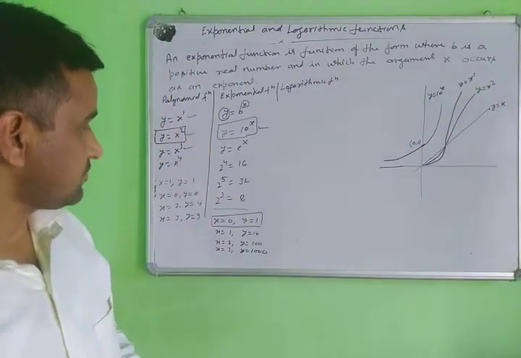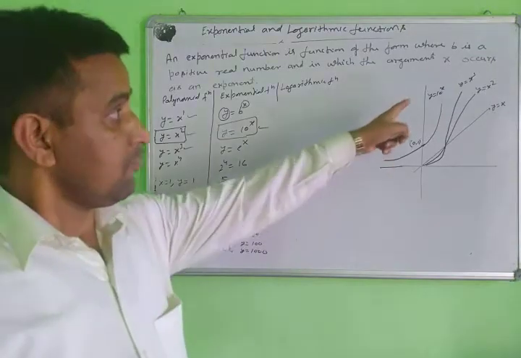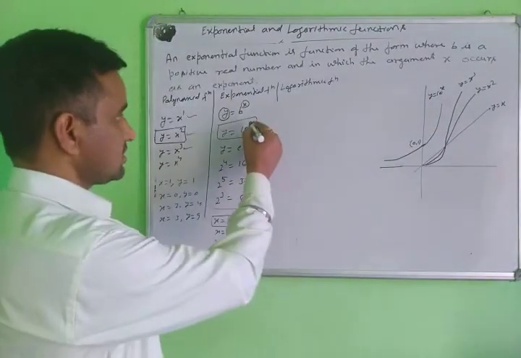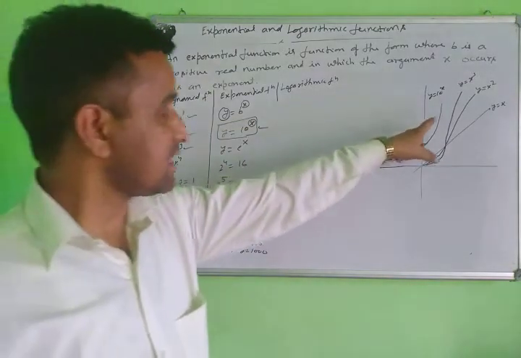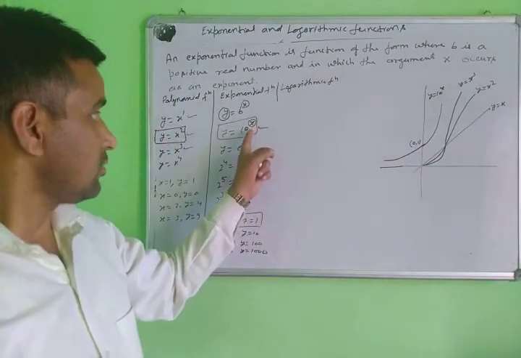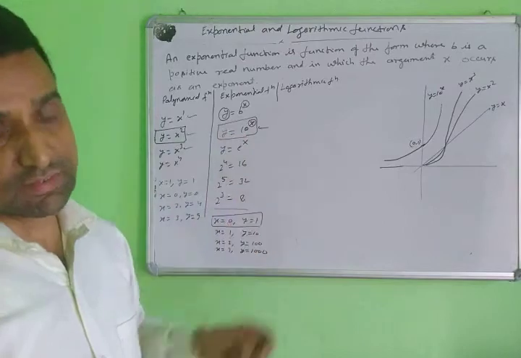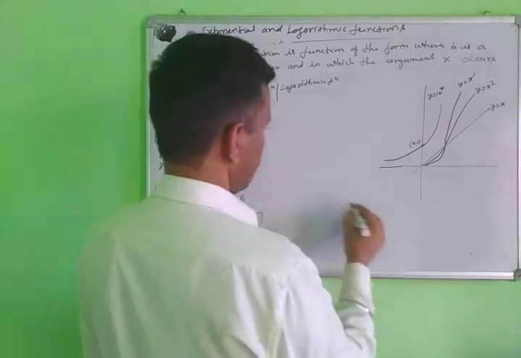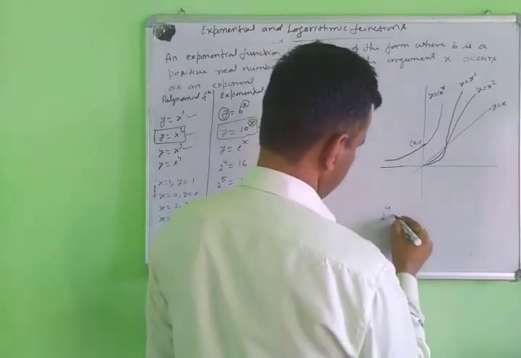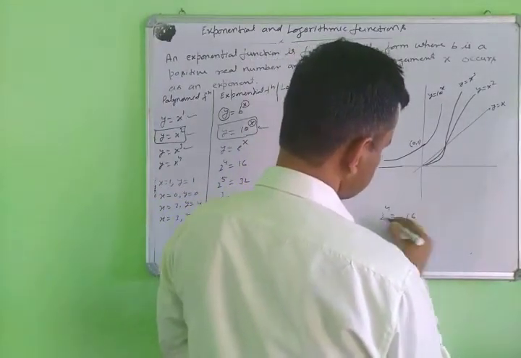Second thing, this is the domain part here. Suppose you are increasing the domain part here, so y will always be a positive value here. Why? Suppose I am writing here 2 exponent 4. Here the answer comes to 16.